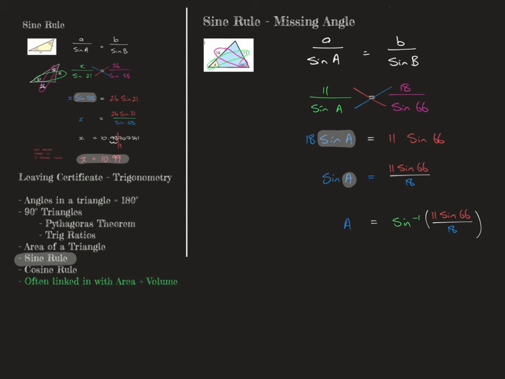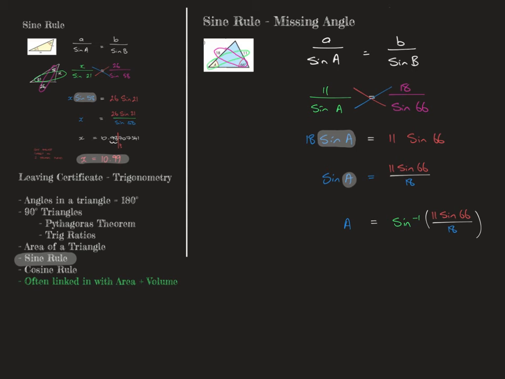You should see a small d on the calculator, which means that you're working in degrees. If there's not a small d there, you need to press shift, press mode, and press 3 for degrees. That will get your calculator back into the right mode.